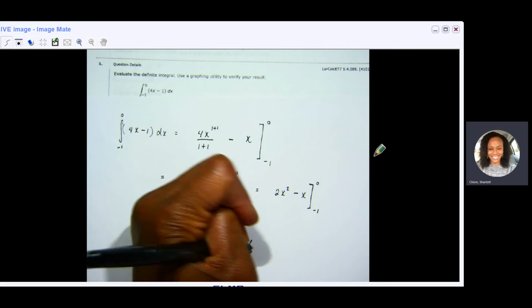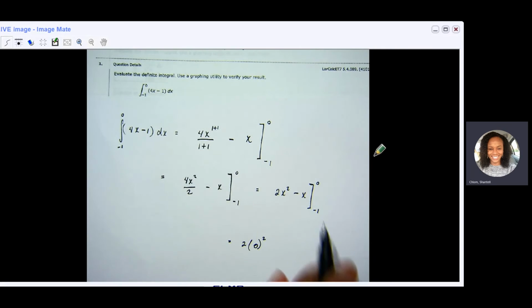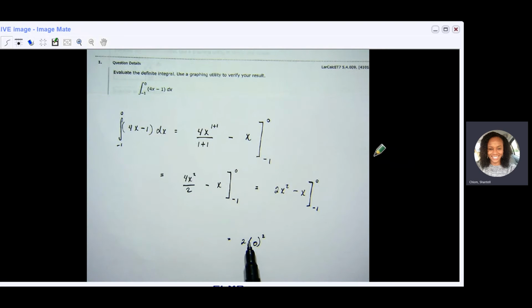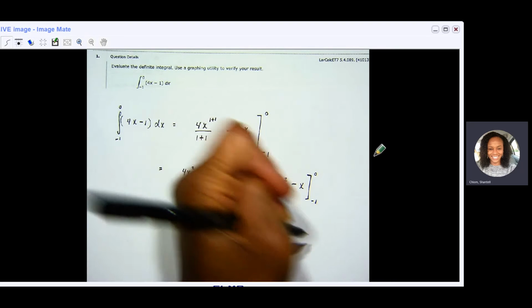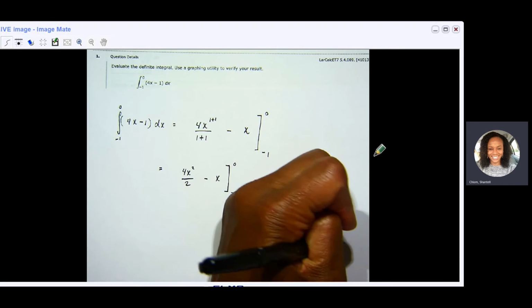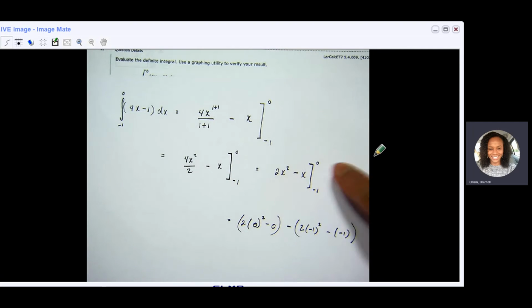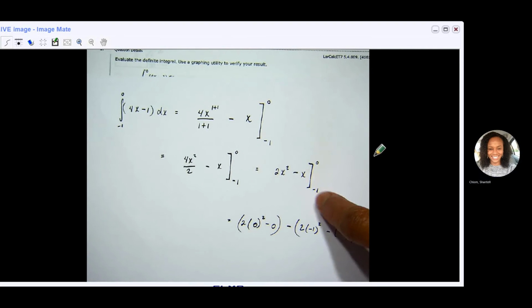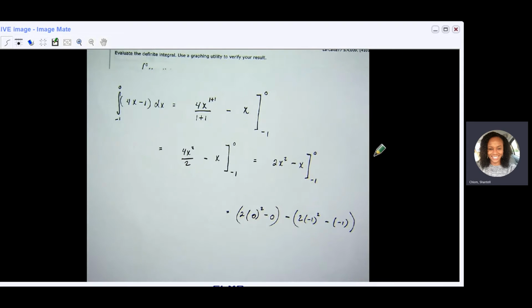So you start at the top one: 2 times 0 squared minus 0. And then minus 2 times -1 squared minus the -1. I'm just placing my interval values, -1 and 0, into the function.